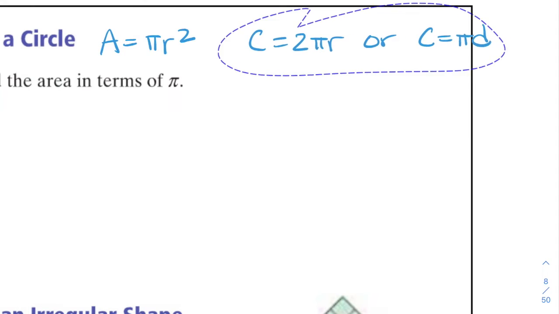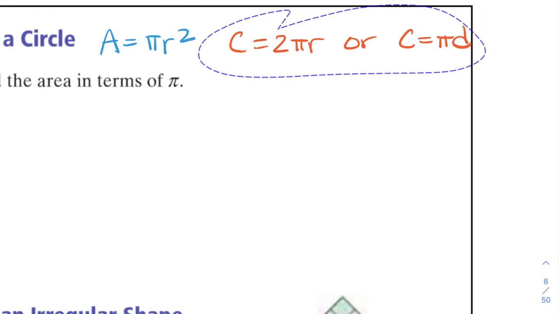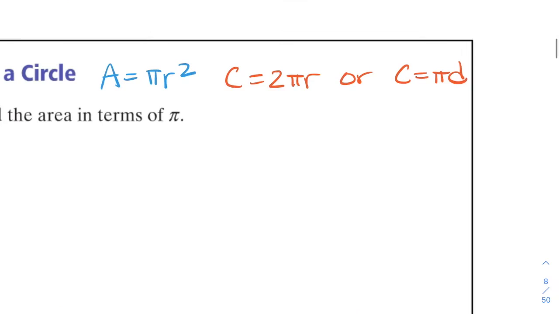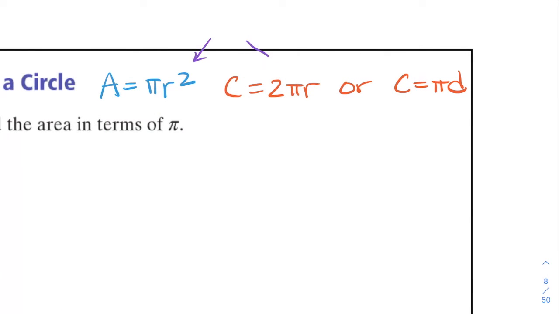Now notice that circumference has 2 formulas, but only one of them has r in it. So these are the 2 that we're going to need to use, and the reason being is because they both have r. So once I solve for an r, I can interchange them.